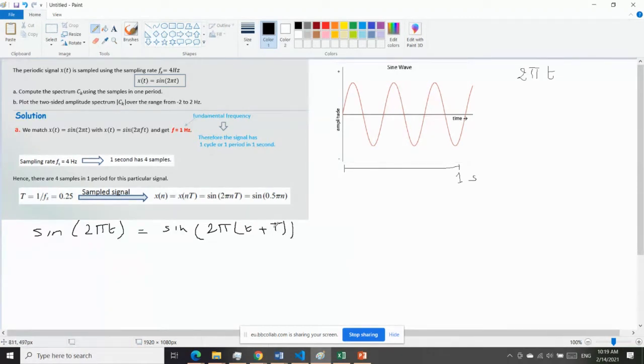That's what we want to know, the period T. So this means sine 2 pi t is equal to sine of 2 pi t plus 2 pi T. And we know that sine is periodic when this is a multiple of 2 pi, some k times 2 pi.